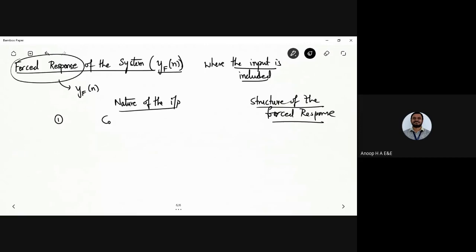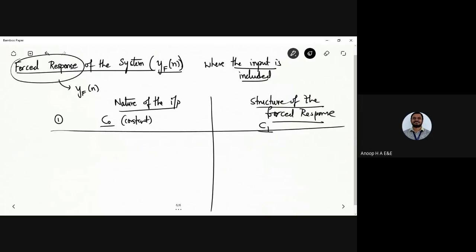Generally, what I consider once you have a constant is the unit step signal, and I have the structure of the forced response to be C1. C naught or any constant that is taken, you have the structure of the forced response to be C1. So next one, what you have here is alpha power n.